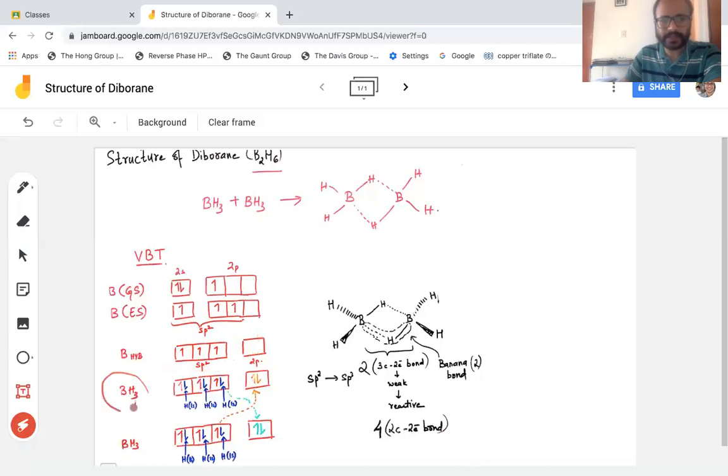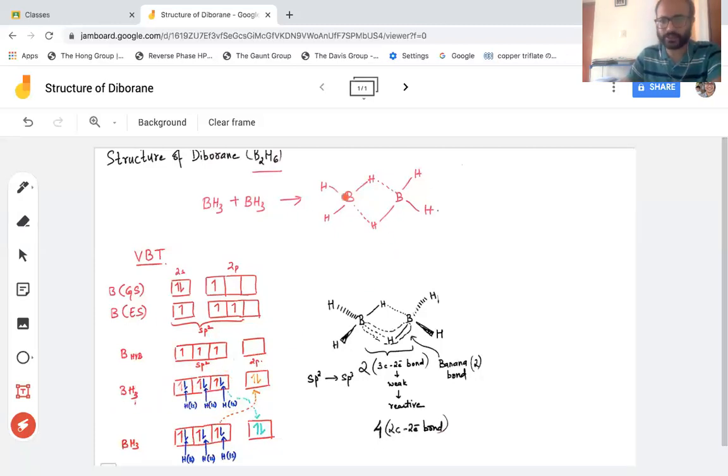When the BH3 molecule is formed, you will have the pairing up with the electrons coming from the hydrogen. These blue electrons are the electrons that are coming from the 1s orbital of the hydrogen. These electrons pair up to form the three covalent bonds with the hydrogen. So if we look at just the BH3 molecule, we find that it should have a hybridization that is sp2.